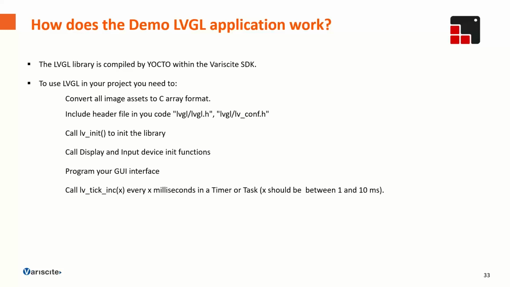The basic structure of an LVGL application includes some images that are always converted into a kind of C array, and the inclusion of the basic LVGL files. There is the call to lv_init, which is the initialization part of the library. You will need to initialize the display and the input device.